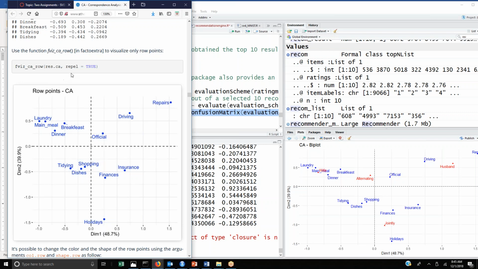So I do it using just the row data, and I'm plotting only the first two dimensions of the row reduction. Note this down: first 2 dimensions of the row reduction. Row reduction means the type of activities. In the same way, I can do the first 2 dimensions of the column reduction. That will give me the responsibility type.